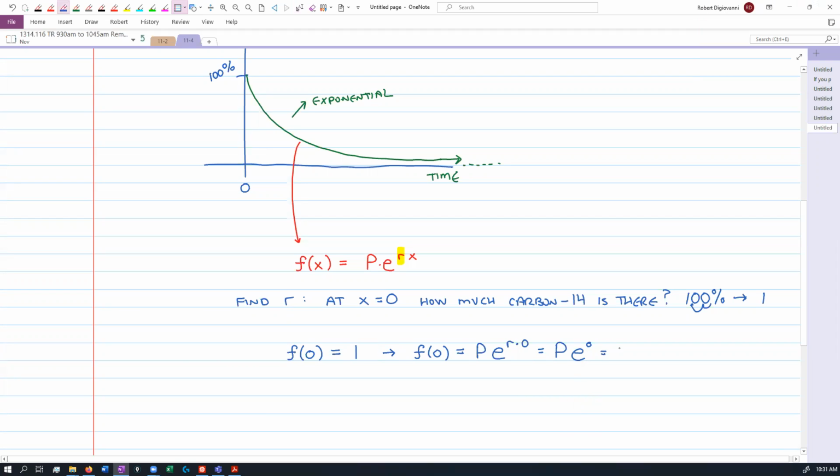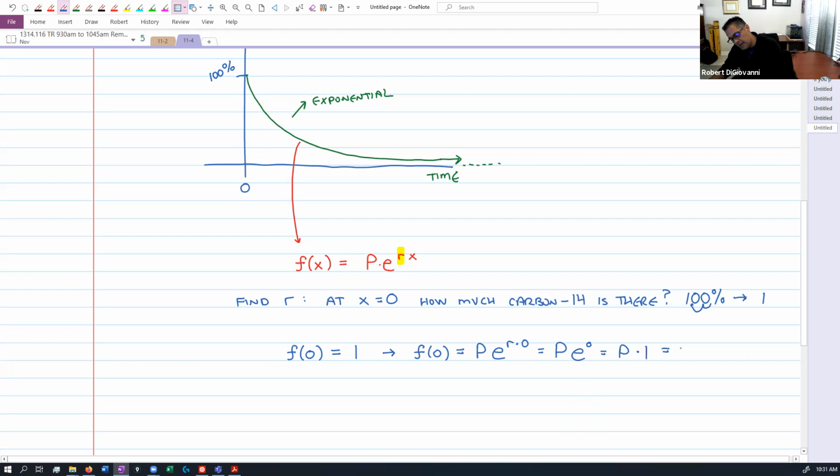So this is P times 1, which is P. So when I plug 0 into the function, I get P. But what does that need to be equal to? It needs to be equal to 1, right? So when I plug 0 into the function, I need that to be equal to 1. So can you tell me then what P is? P has to be 1, right? We're saying when you plug 0 in, you get P, but that has to be equal to 1, so P must be 1.